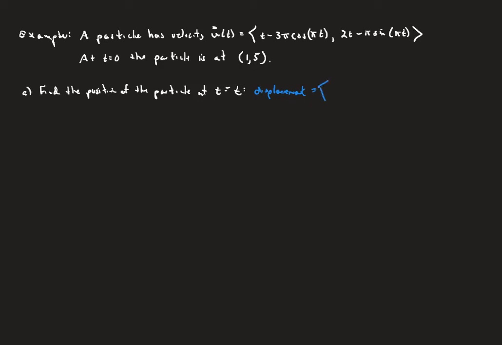To find that, we're going to integrate from 0 to 4 our x component of the velocity vector, that's t minus 3 pi cosine of pi t dt, comma, and then the displacement in the y direction is going to be the integral from 0 to 4 of the y component of the velocity vector. So that's going to be 2t minus pi sine of pi t dt.